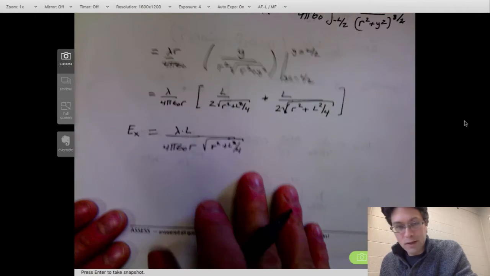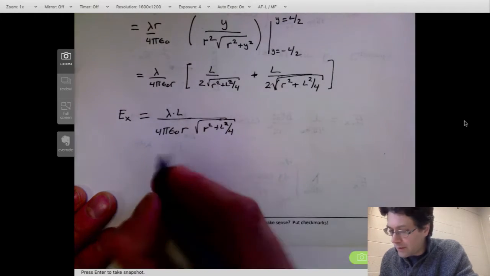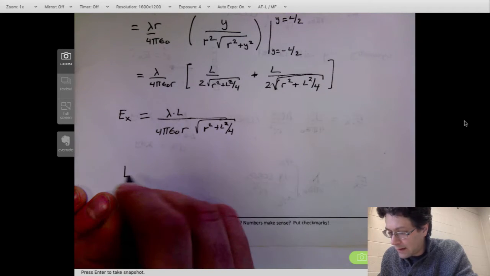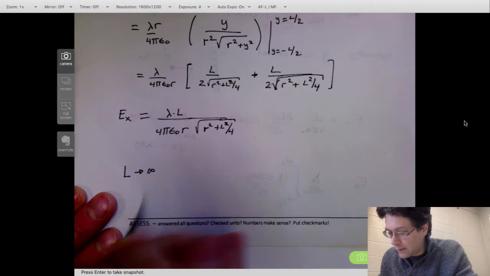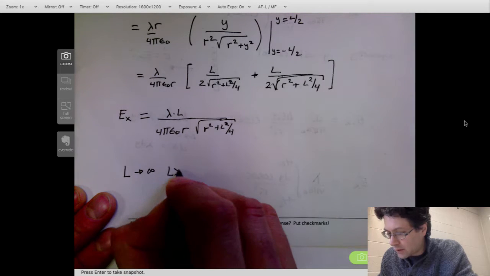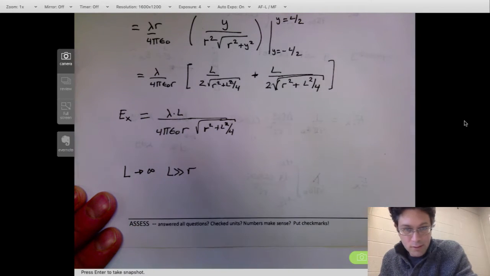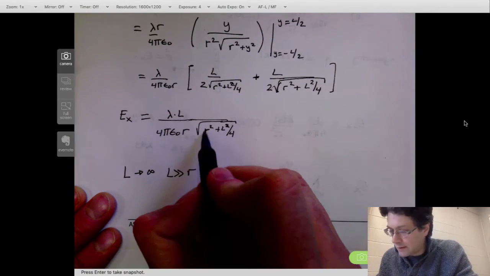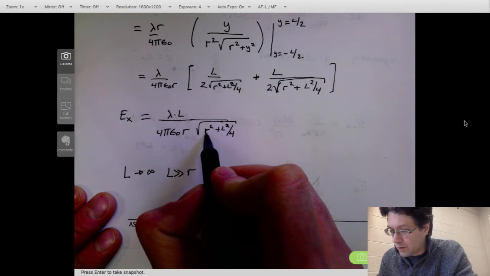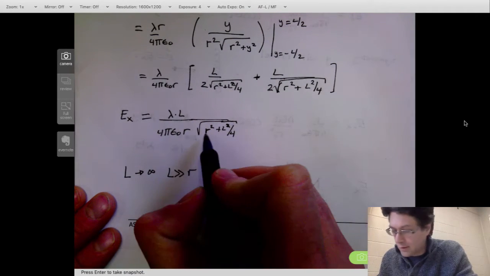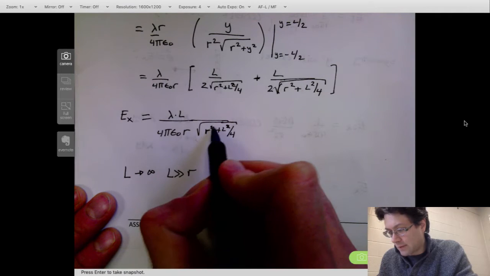Note an interesting thing. What would happen if the bar was really long? Let's say L goes to infinity, so L is much, much greater than r. Let's say L is 100. Then this is 1 plus 100 squared, so the r squared can be dropped.